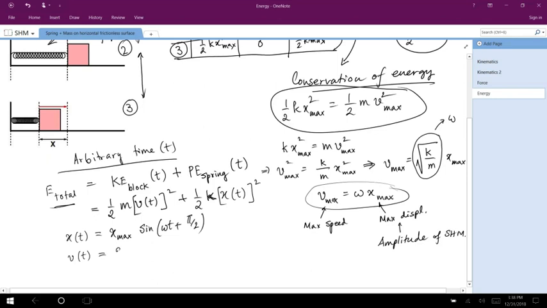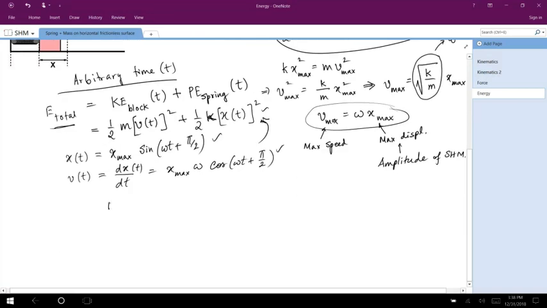And the velocity, in order to find the velocity, we just take a time derivative of position. So dx/dt is equal to x max times omega times cosine of omega t plus pi over 2. Okay, so let's take this one and that one and plug these two into our total energy expression.